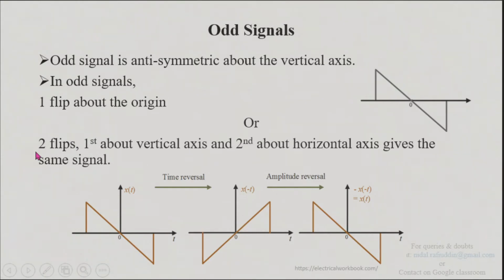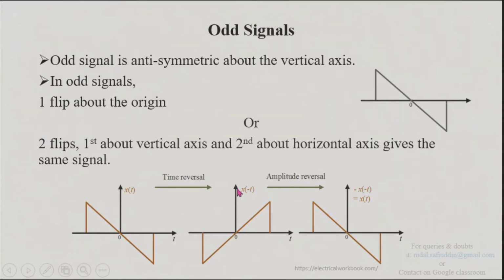So which is written here, two flips. Two flips mean that we first flip it about the vertical axis, then about the horizontal axis. In that case, we are going to get the same signal. For example, if you have this signal and you flip this about the vertical axis, you get this signal, and if you flip this about the horizontal axis, you again get the same original signal as this one.